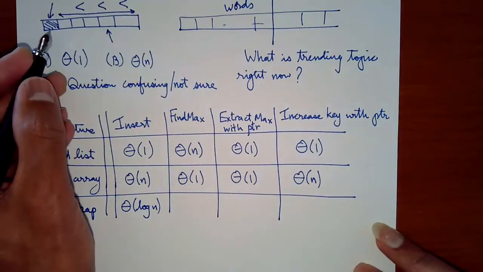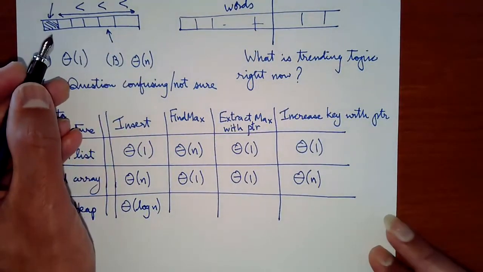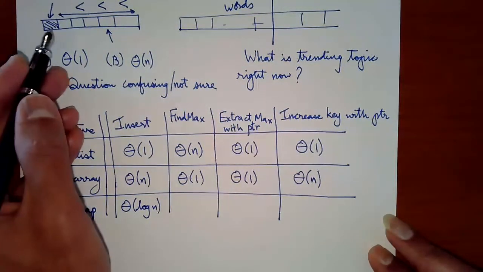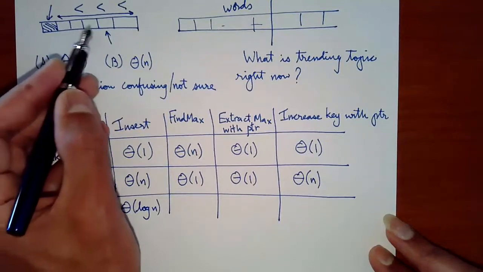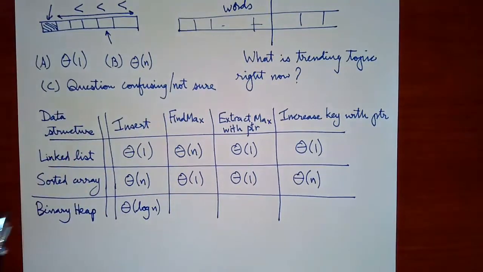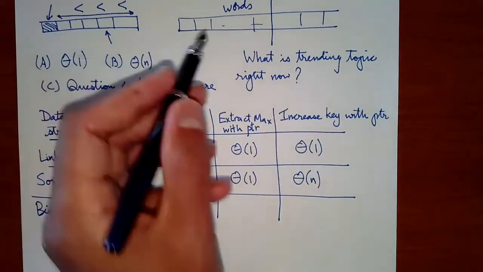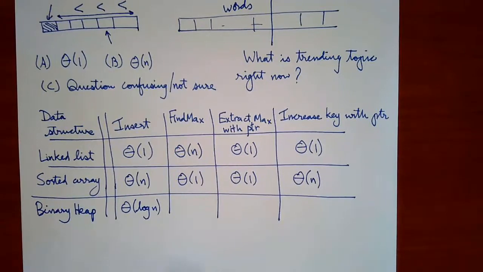You cannot increase this number and leave it where it is, because then the array would not be sorted any longer. To maintain the fact that it is sorted, you have to move this element to the end, which means that all of these intermediate elements would have to move one step back. And this would require a for loop that is going to run through the entire array. So in the worst case, an increase key will be linear time.